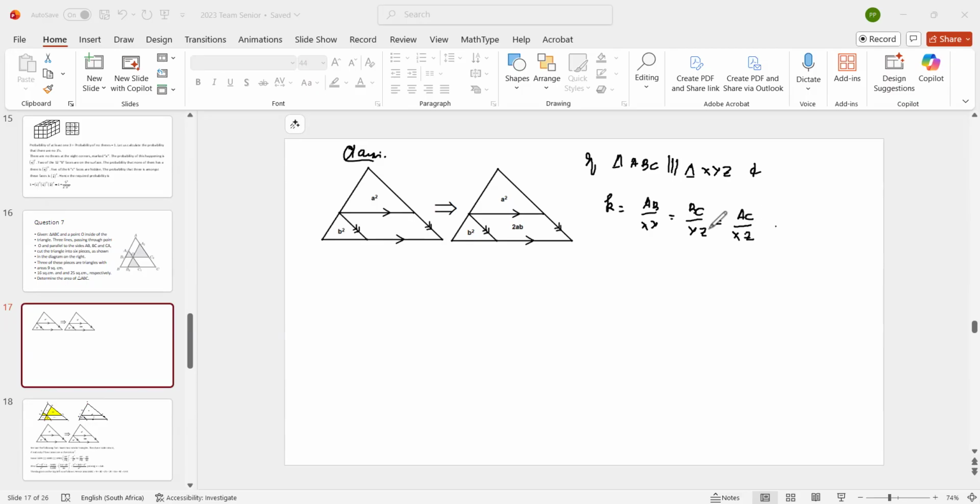Okay, and this is the common thing. Then it means that the triangle ABC, its area is equal to k squared times area of XYZ.